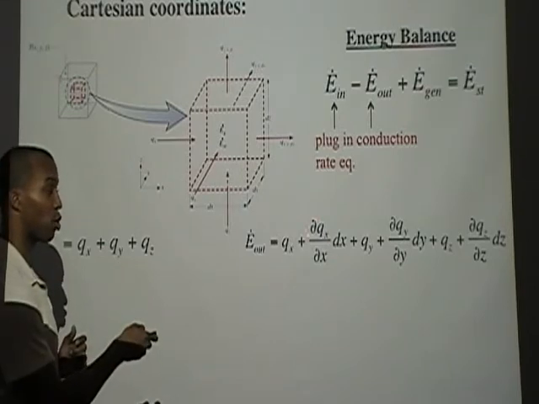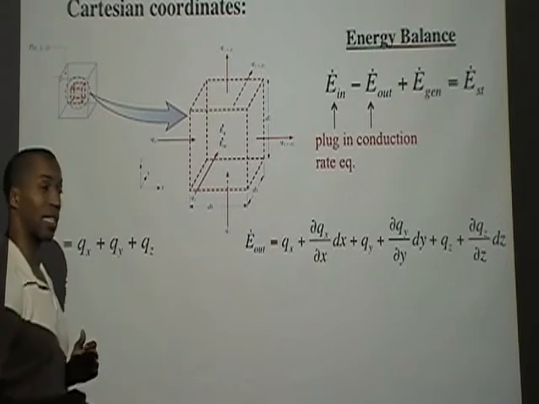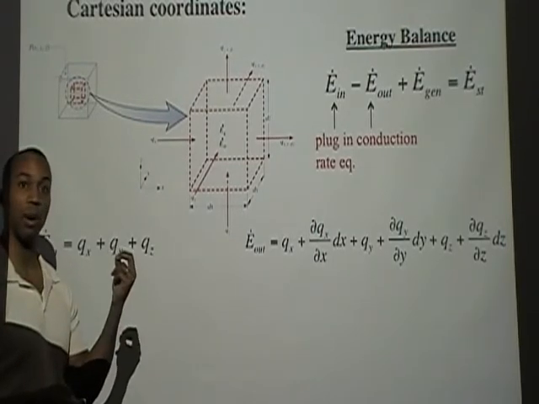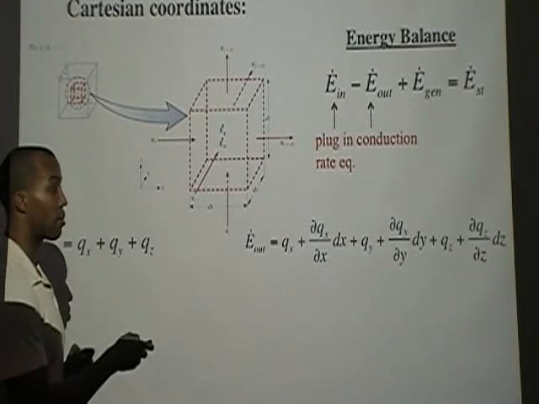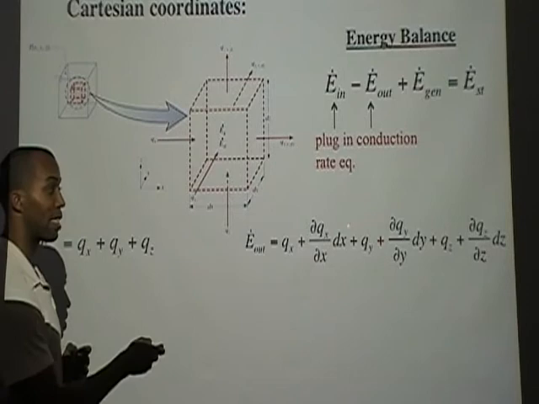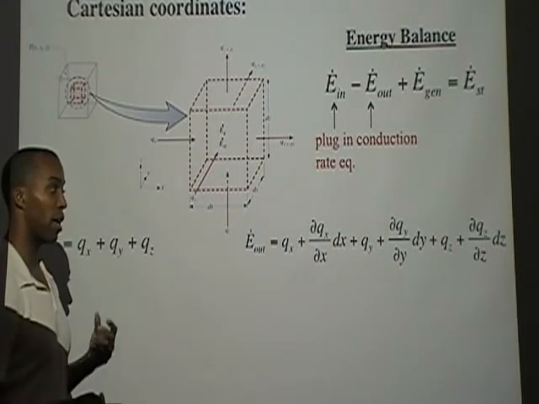So we have this partial derivative of Qx with respect to x times dx. So that's the change in the heat rate with respect to x times the distance over which that change happened, dx.